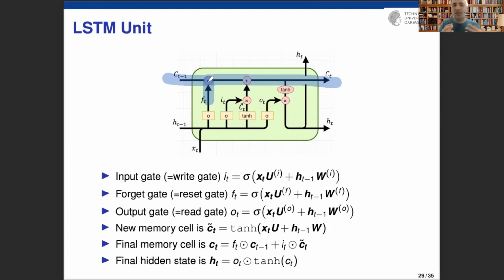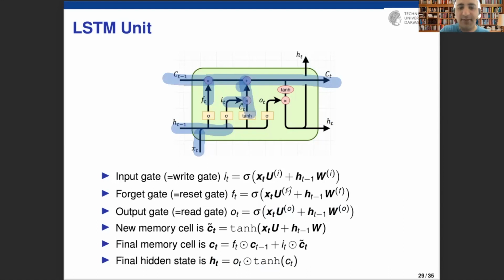So we need to forget some part of this context. And then we combine that with the current information that we get from the input token, and we use it as the context for the next step, right?